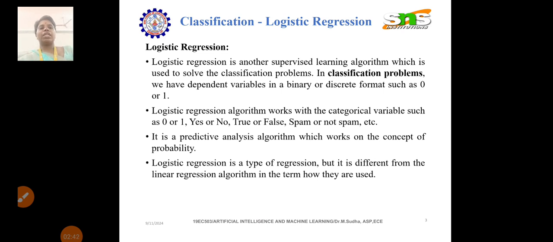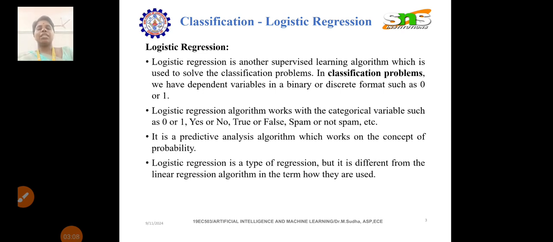Here logistic regression algorithms work with a categorical variable such as 0 or 1, or we can say yes or no, true or false, spam or not spam. That means either this or that. Likewise, logistic regression will work. It is a predictive analysis algorithm which works on the concept of probability.